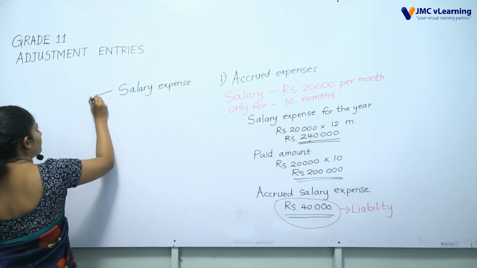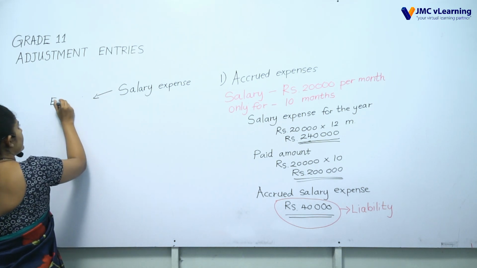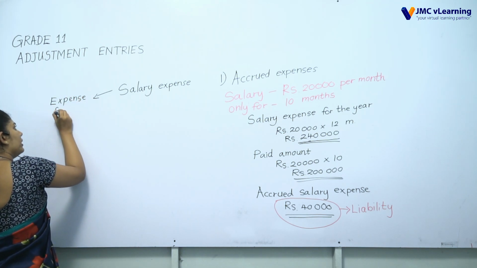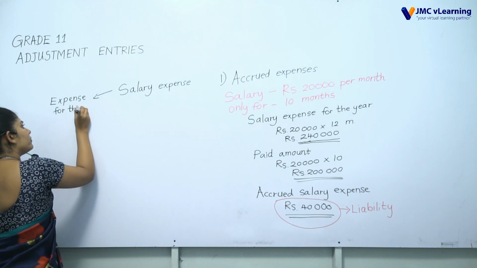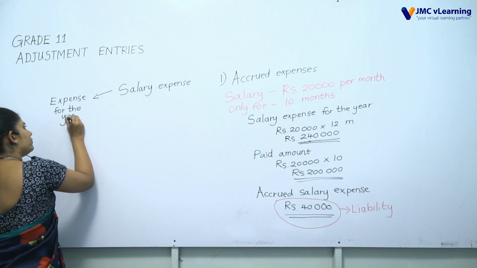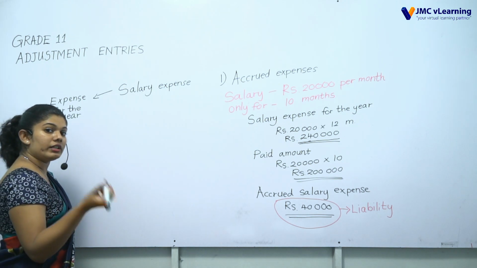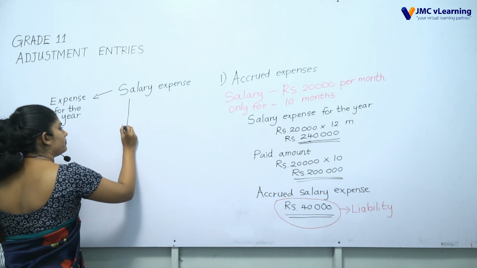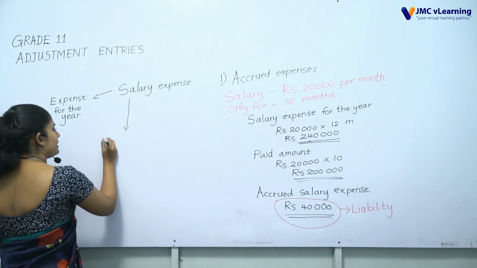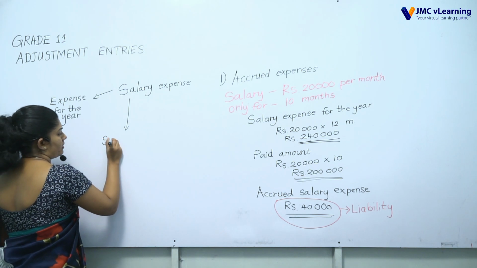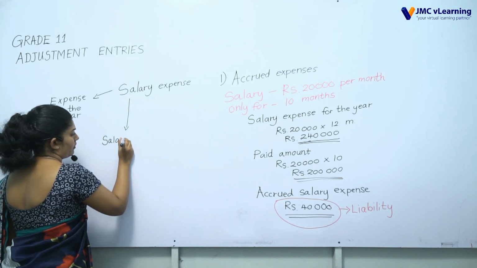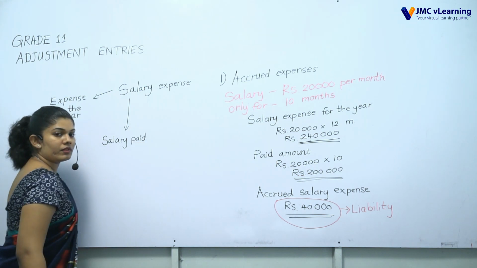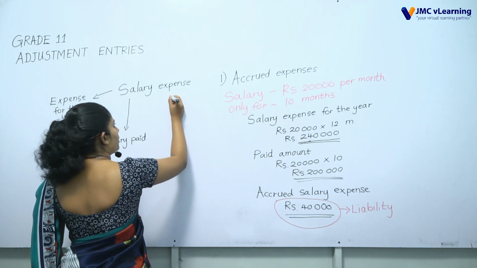One, expense for the year. Expense relevant for the year. The other one, paid salary amount. Salary paid. The other aspect is accrued salary.